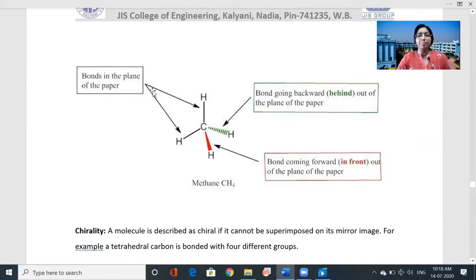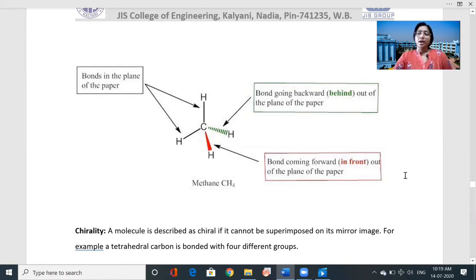If it is a dash line, that means the bond is going backward, out of the plane of the paper. And if it is a wedge, the bond is coming forward, in front, out of the plane of the paper. So I hope that you have understood the different types of representation.